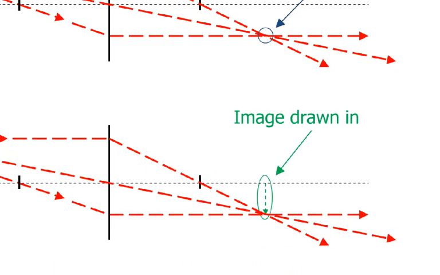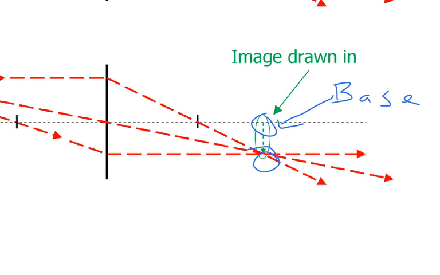So the base of the image goes right here on the principal axis, and then the tip of the image goes at the intersection point of your 3 rays.